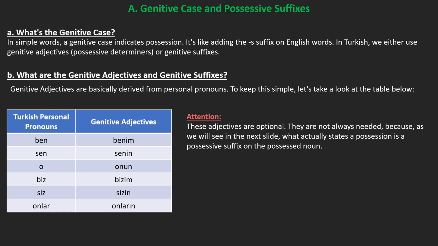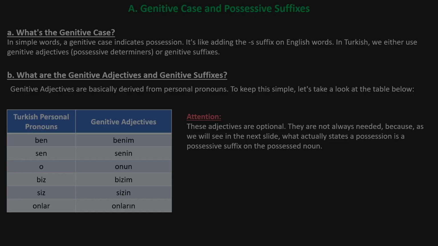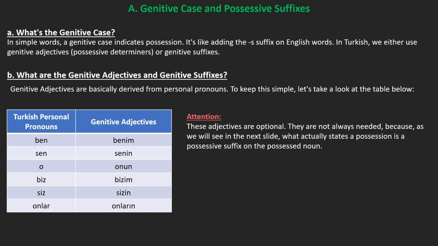Like, there's already an ending that shows who the car belongs to. That's why we don't need the extra adjective. We only use the extra adjective when it needs to be emphasized. Sometimes we need them. Sometimes we don't need them. It completely depends on the sentence. And understanding when to use it requires practice. So you need to develop a kind of feeling for it.